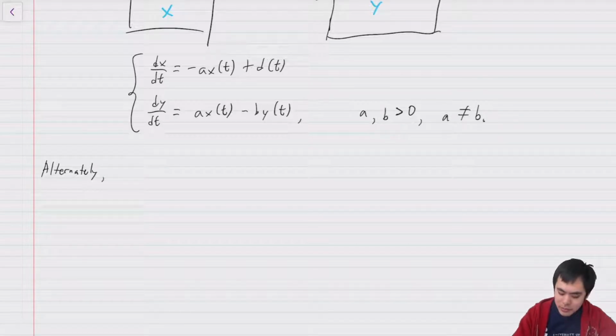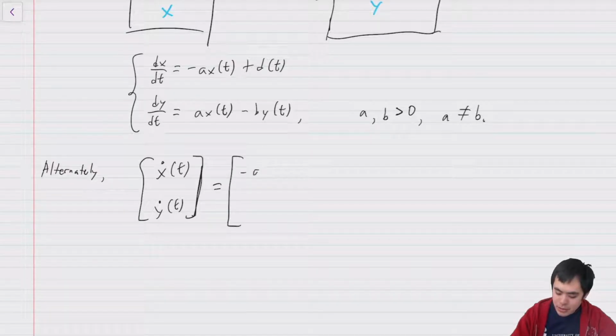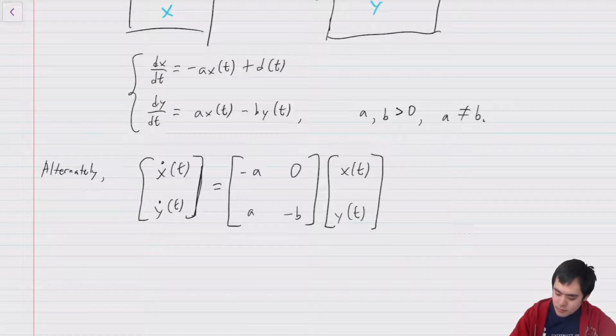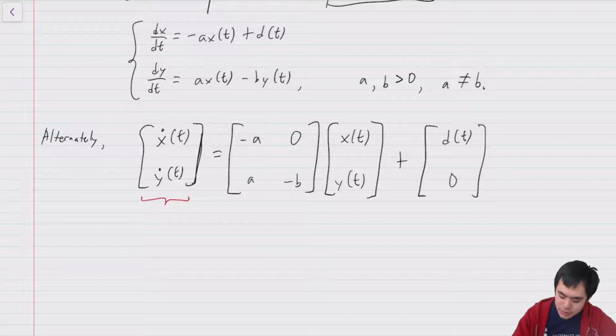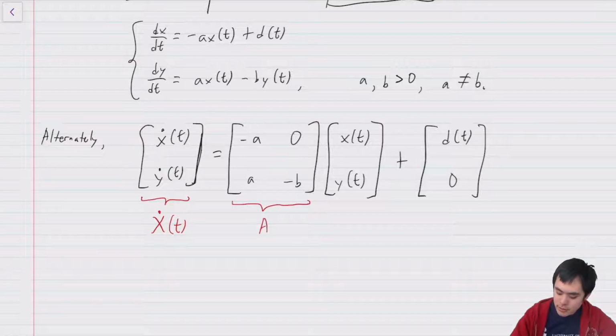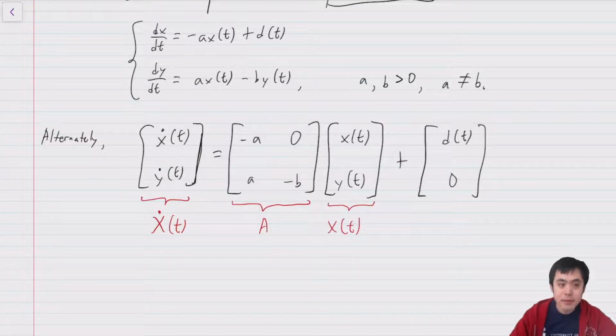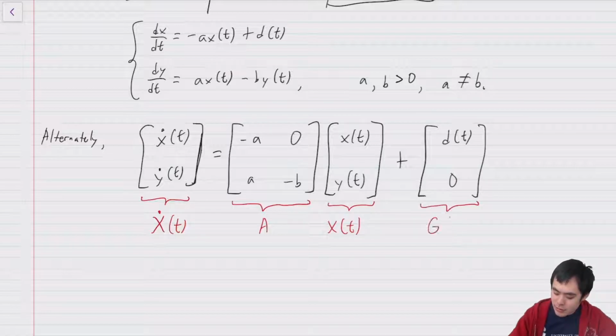Alternatively, we have x dot of t, y dot of t, is equal to a matrix, minus a, 0, a, minus b, times x of t, y of t, plus d of t, 0. And we can rewrite this as capital X dot of t. This here is the matrix A, this here is just ordinary x of t, not the derivative, and let's call this vector g of t.